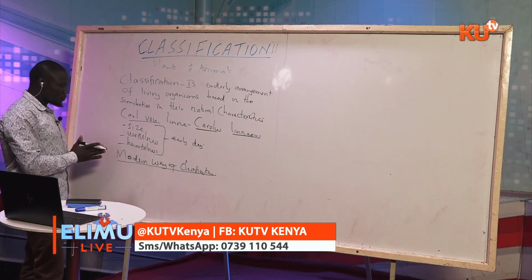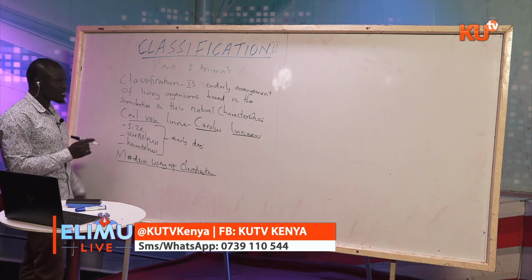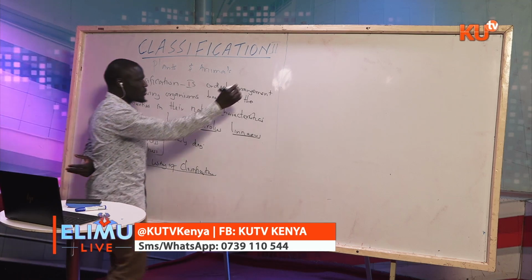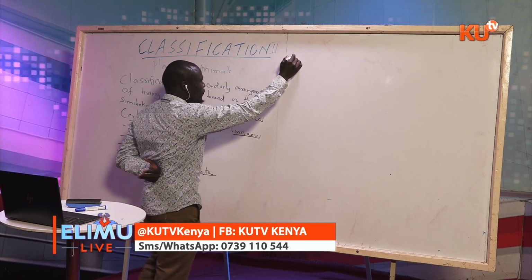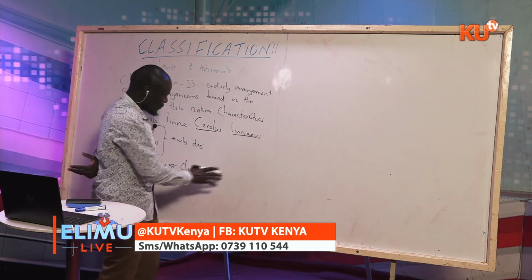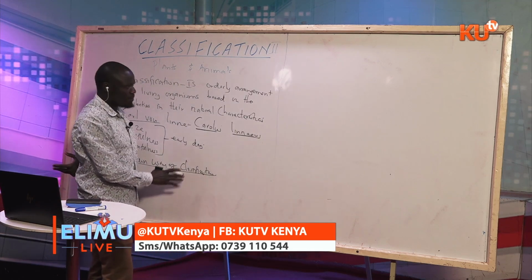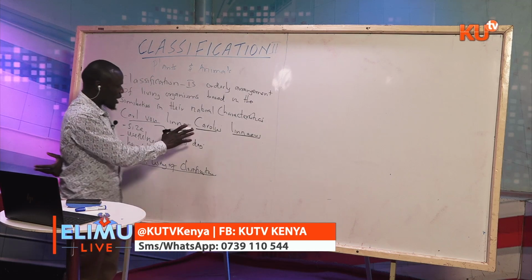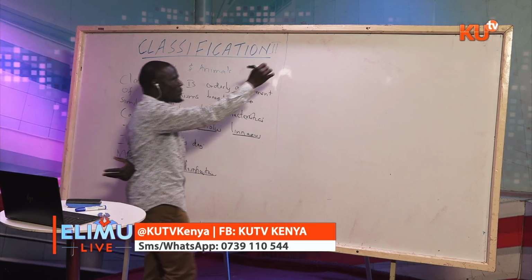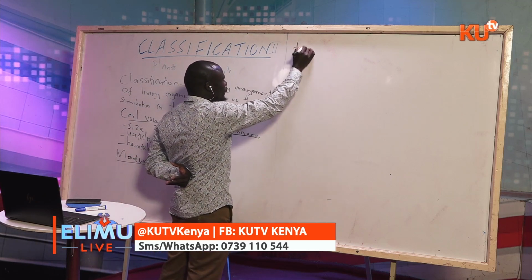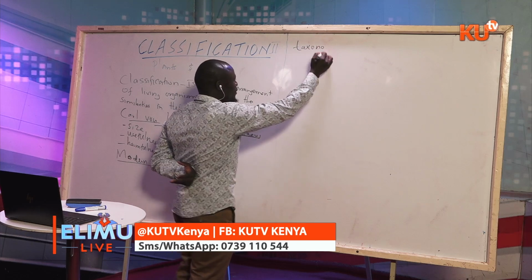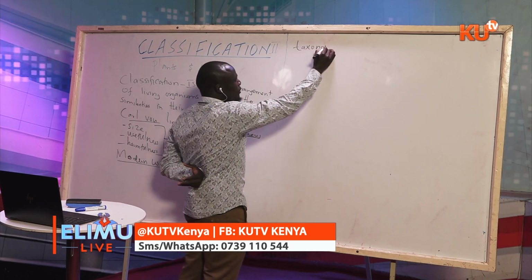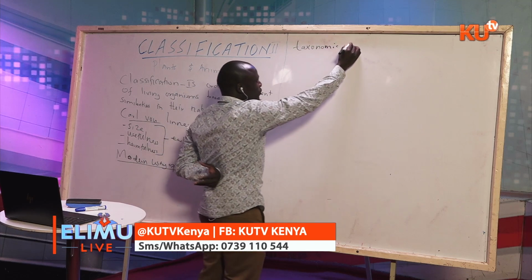He devised around 7 groups of classification, and Carl Linnaeus referred to them as the taxonomic units of classification.